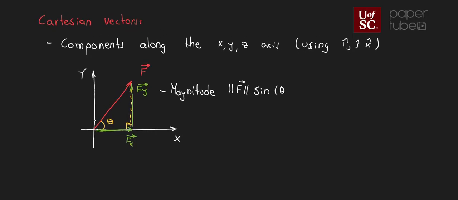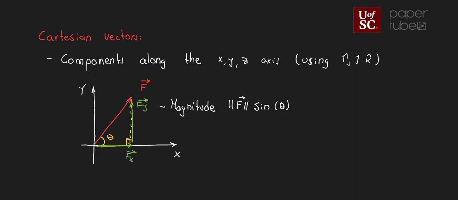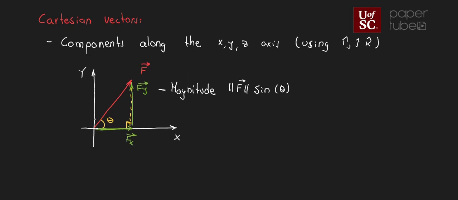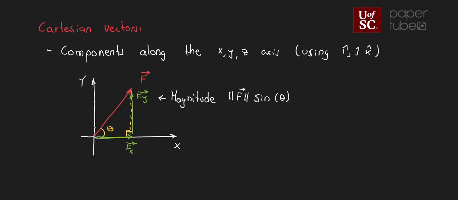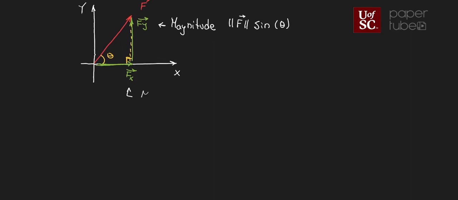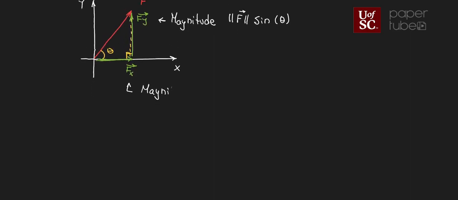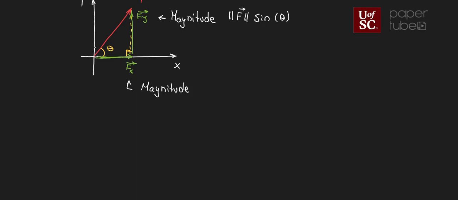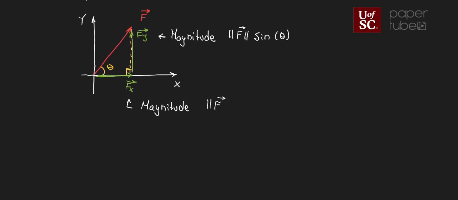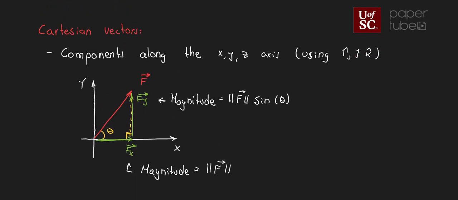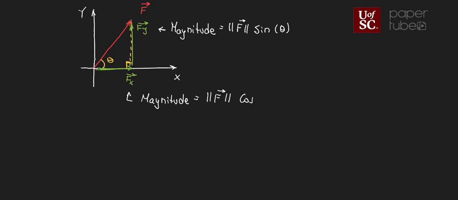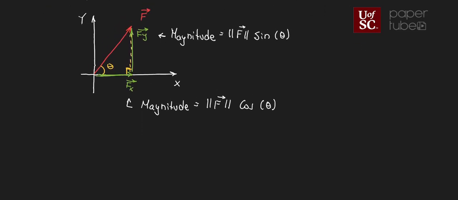And if you don't remember sines and cosines well, I do recommend you go back and review this material, because we're going to use this for the rest of the semester. And for Fx, the magnitude is going to be the magnitude of F times the cosine of theta. Very good. Now, that's just the magnitude.